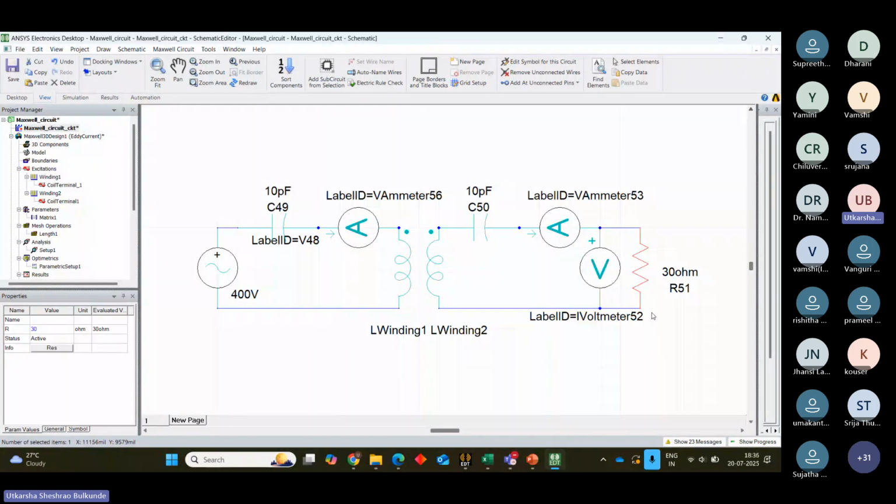In the morning, we discussed this, right? If you guys remember, right? Through that only, I have derived this 30 ohm. It is like 3.3 kilowatt. I got this 30 ohm value.